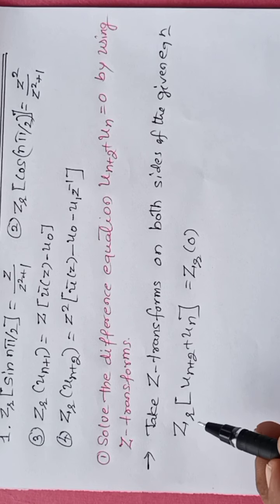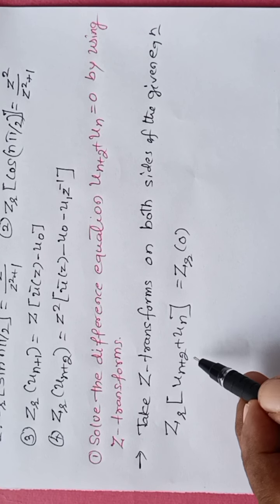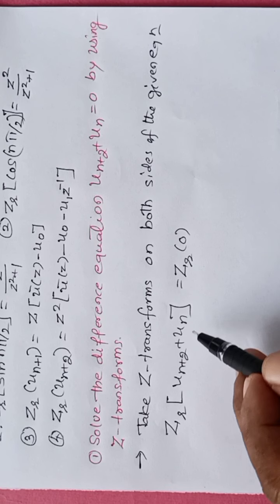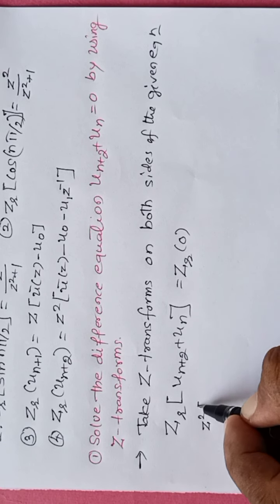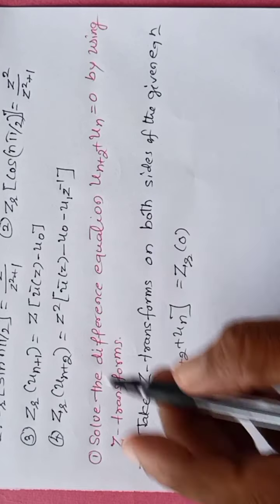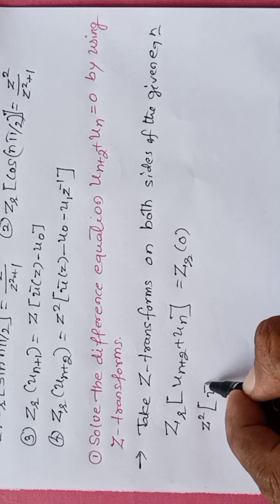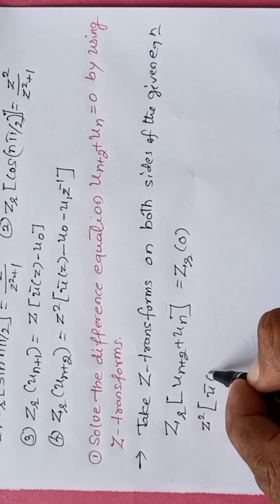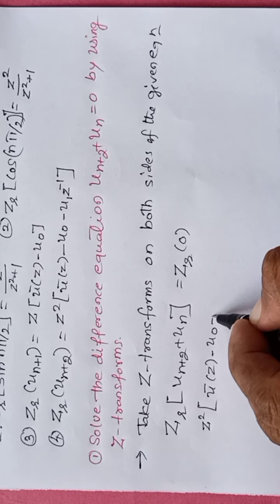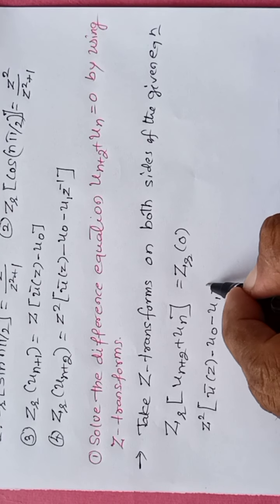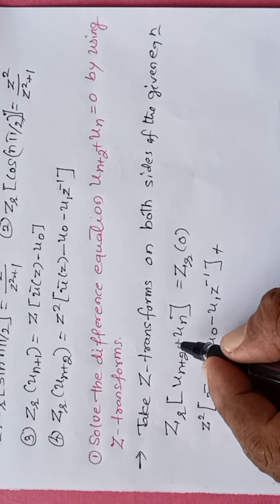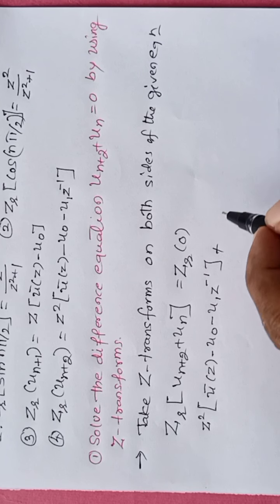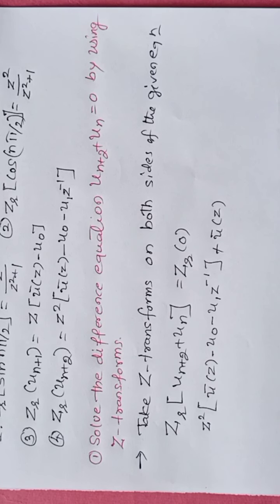So now using these formulas, Z transform of u(n+2) and next Z transform of u(n), it becomes z square u bar z minus u naught minus u1 z inverse, plus u(n), and u(n) is nothing but u bar z, as already we discussed in the last 3 to 4 sessions.